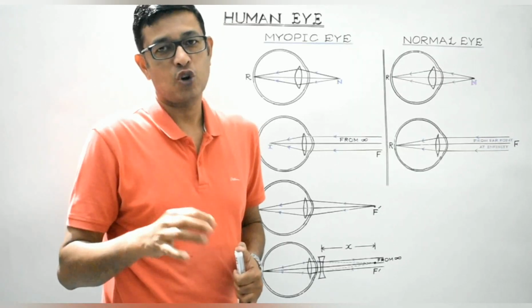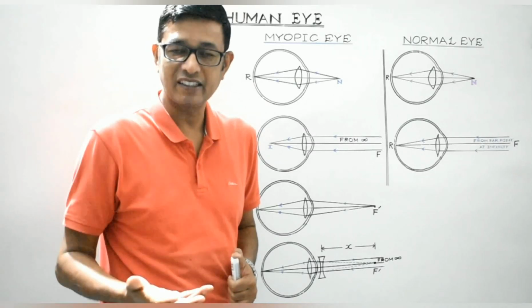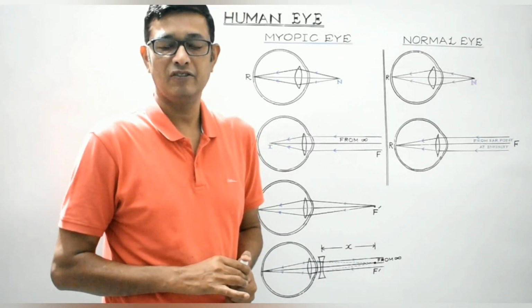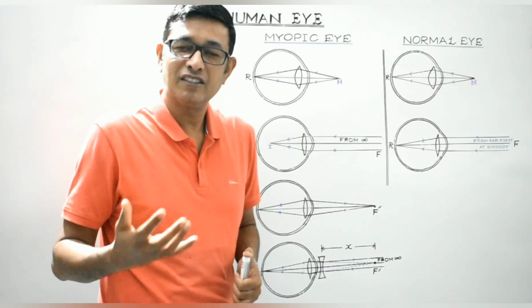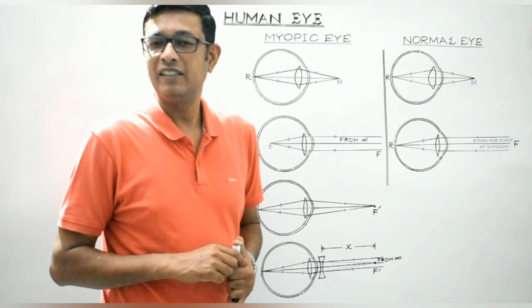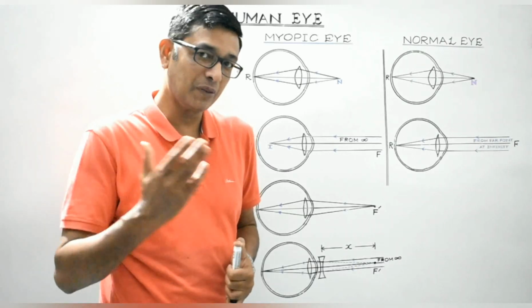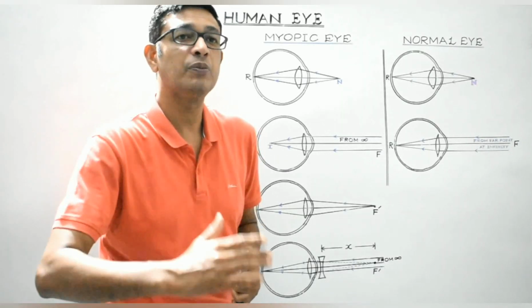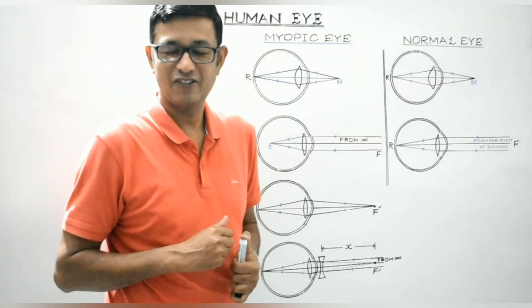Myopia or short-sightedness or nearsightedness is a very common defect in the human eye, right? And a person suffering from myopia is able to see clearly the nearby objects but is unable to see clearly the objects beyond a certain distance, right?